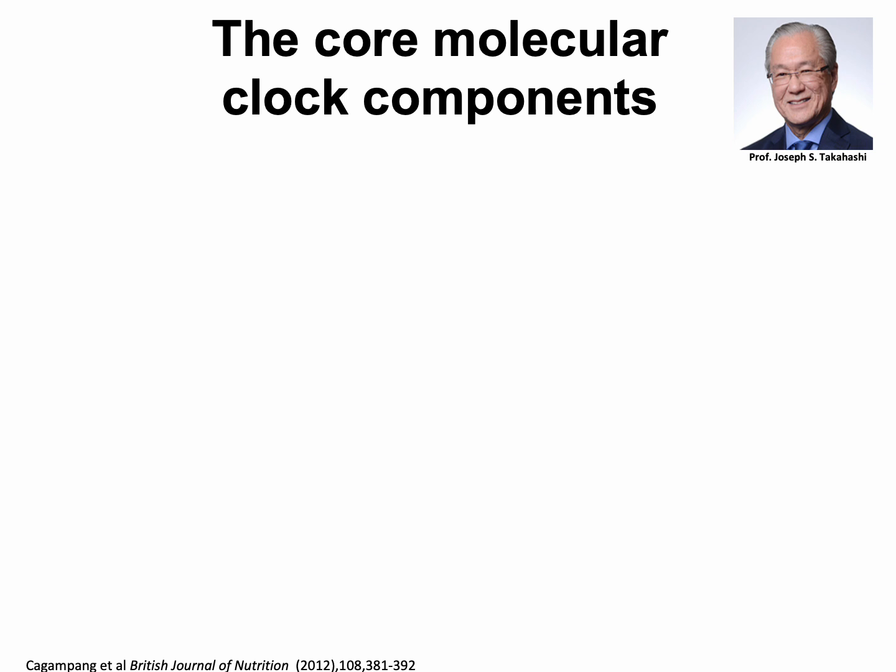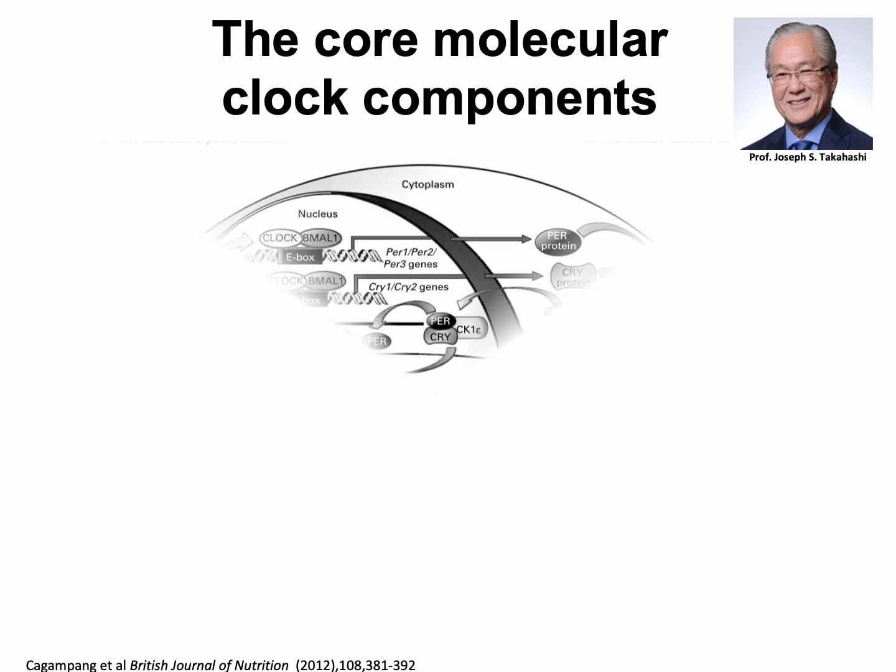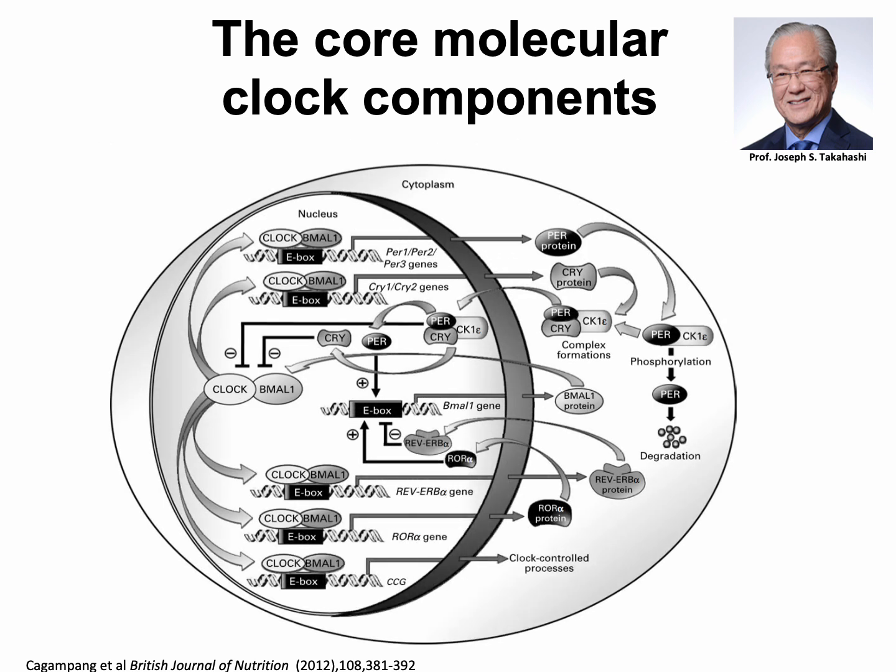So from Jean-Jacques d'Ortous de Mairan's experiment in 1729, we fast forward in the timeline. In 1994, it was this guy, Professor Joseph Takahashi, a Japanese-American neurobiologist and geneticist, professor at University of Texas Southwestern Medical Center, who discovered the first mammalian clock gene.